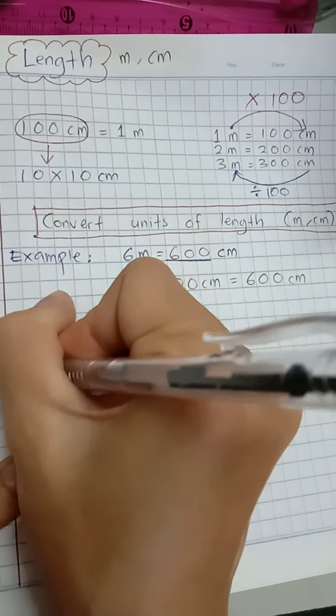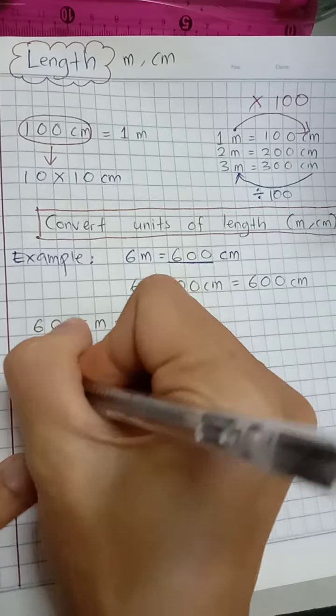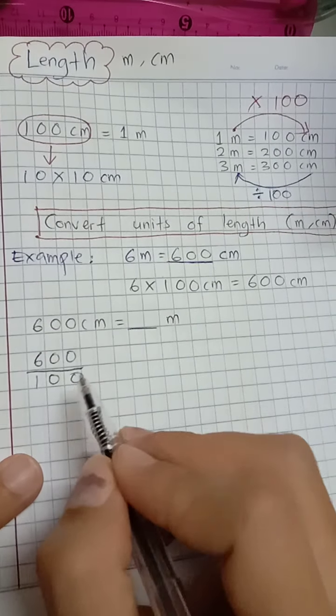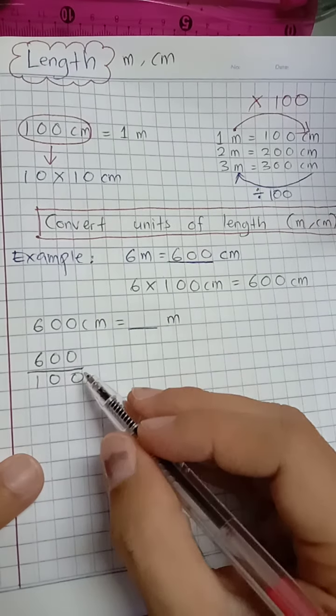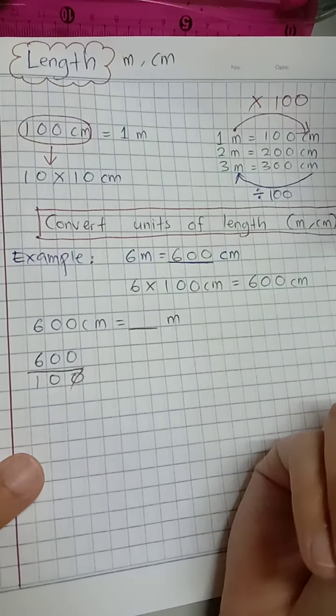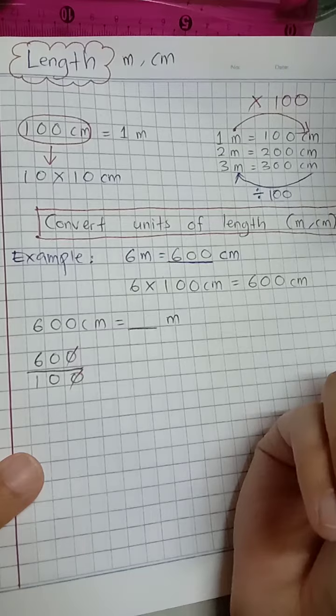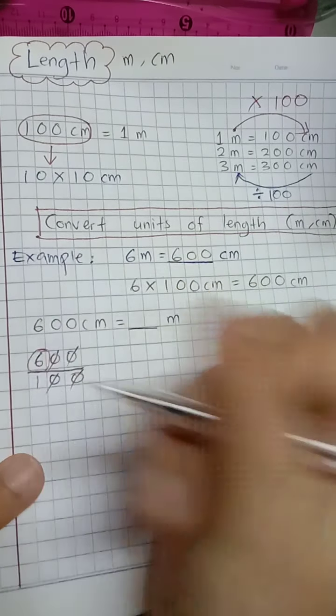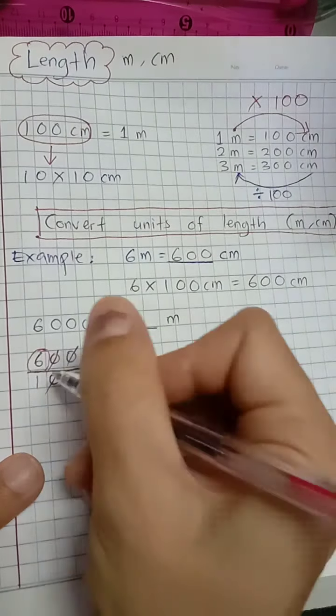600 divided by 100. You have learned this in fraction. So what can we do? We do this. The top only left 6 and the bottom only left 1.